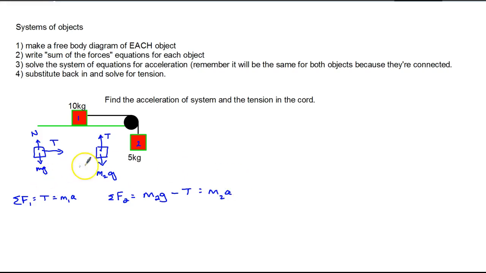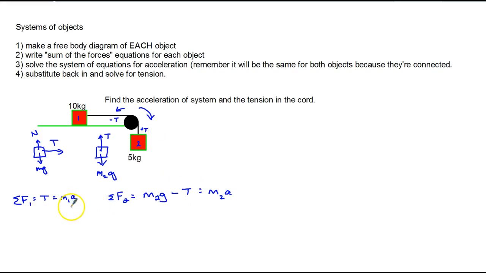The a's are the same because the objects are connected. And what else? Oh, the tensions have to have opposite signs. If it makes this thing rotate clockwise, then it's positive. And if it would make it rotate counterclockwise, it's negative. And so this tension is a negative tension, and this tension is a positive tension.